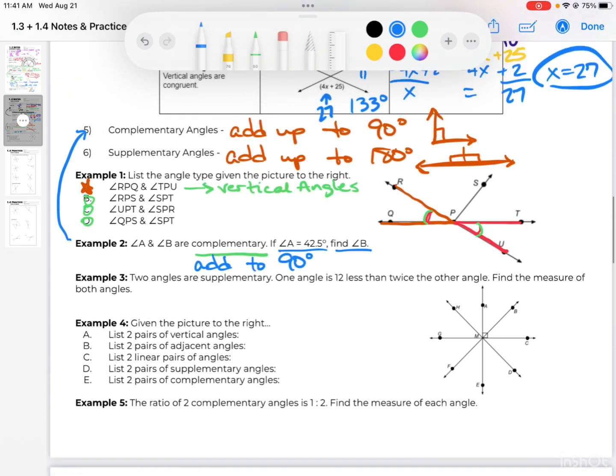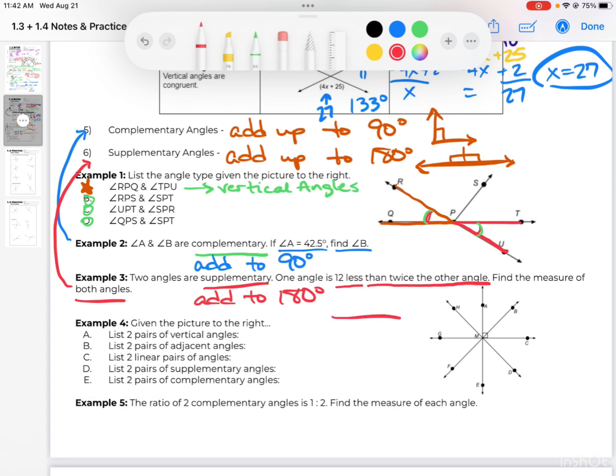Next, it says two angles are supplementary. So again, going up to 6, supplementary, add to 180. This one's a little trickier. It says one angle is 12 less than twice the other angle. Find the measure of both angles.